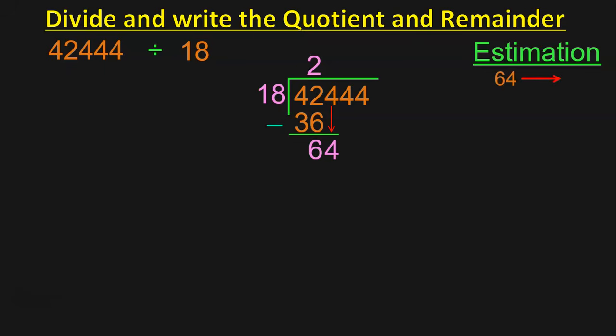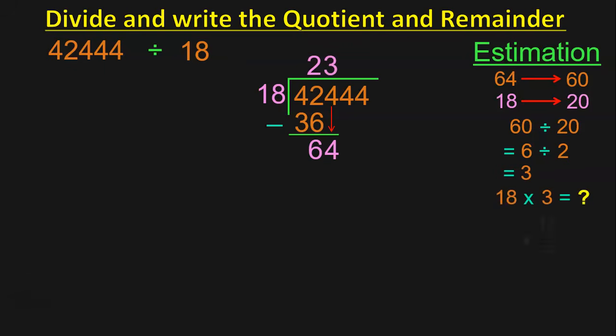First, round off 64 to the nearest 10. It is 60. Round off 18 to the nearest 10. It is 20. So now we can easily divide 60 divided by 20, which is nothing but 6 divided by 2, which is equal to 3. So let us now try with the quotient of 3.